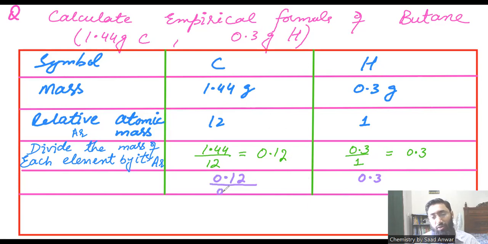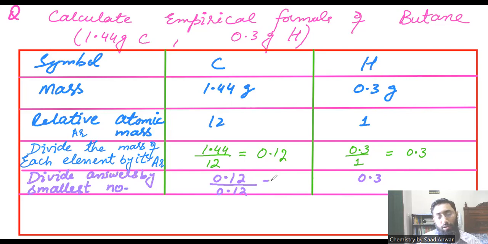So divide by 0.12, because the next step is divide the answer by the smallest number. 0.12 divided by 0.12 is 1. And 0.3 divided by 0.12, the answer will be 2.5.